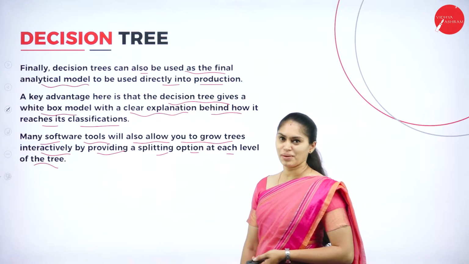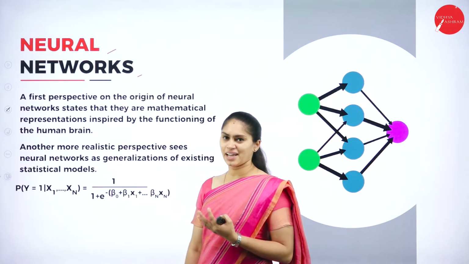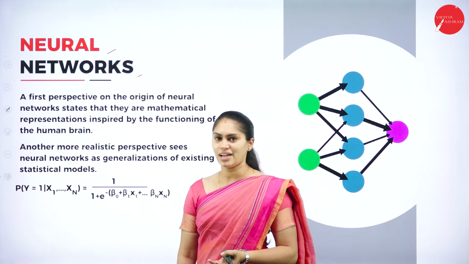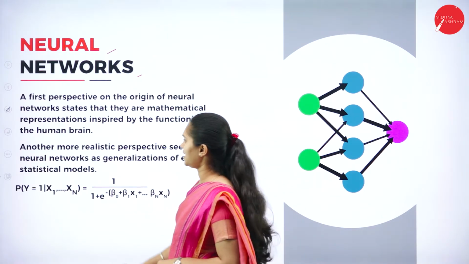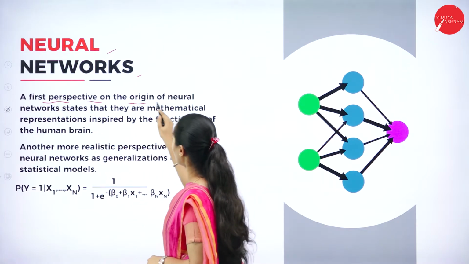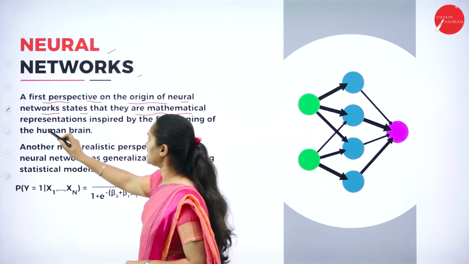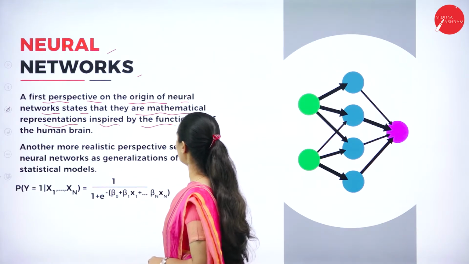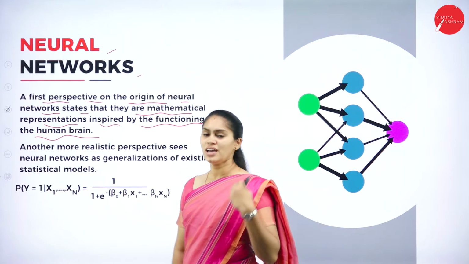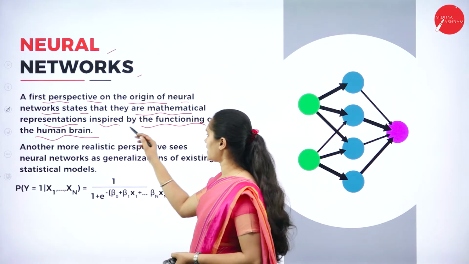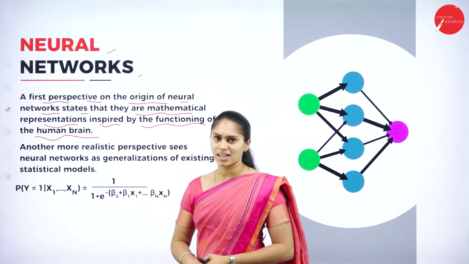We'll see the next topic, that is related to neural networks. As the name indicates, when I'm saying neural network, it is related to the brain. How is it related to the brain? We'll see now. The first perspective on the origin of neural networks states that they are a mathematical representation inspired by the functioning of a human brain. We are going to use neural networks to represent the activities or functioning of a human brain in mathematical terms.